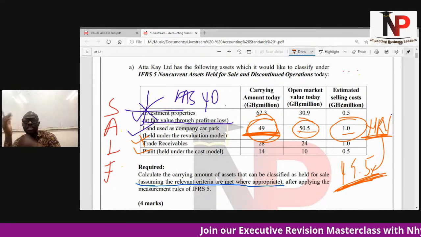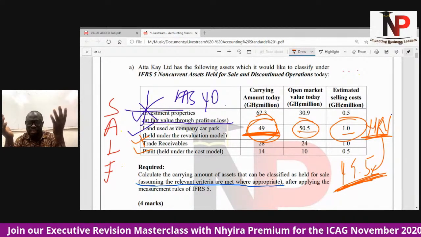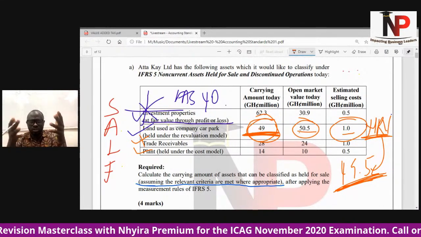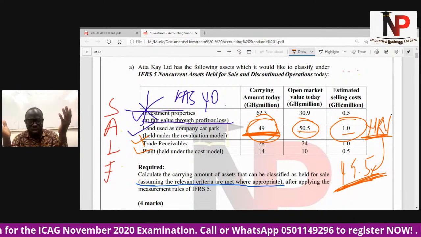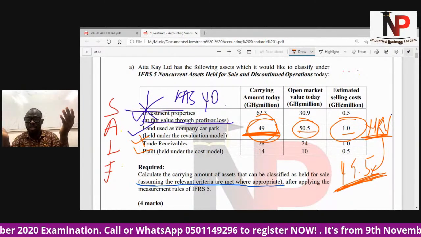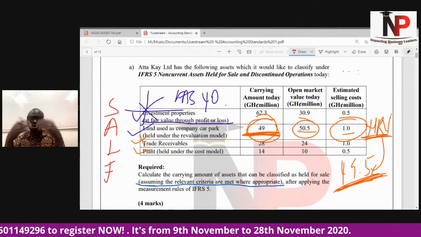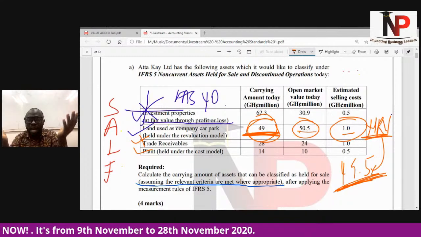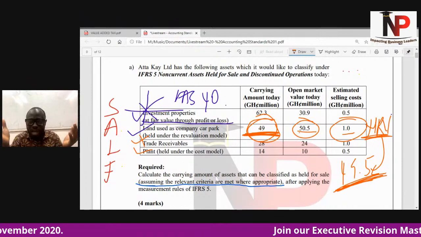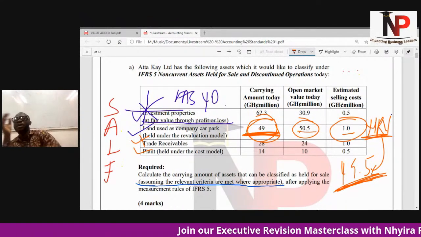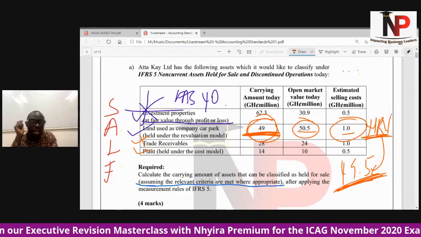Now, if it is plant that they are having, yes, it can be classified as held for sale, because the company can decide that, hey, our production capacity has reduced, or people are not buying the product again, so let's close down the division, let's sell off the plant. So the plant can be classified as held for sale.